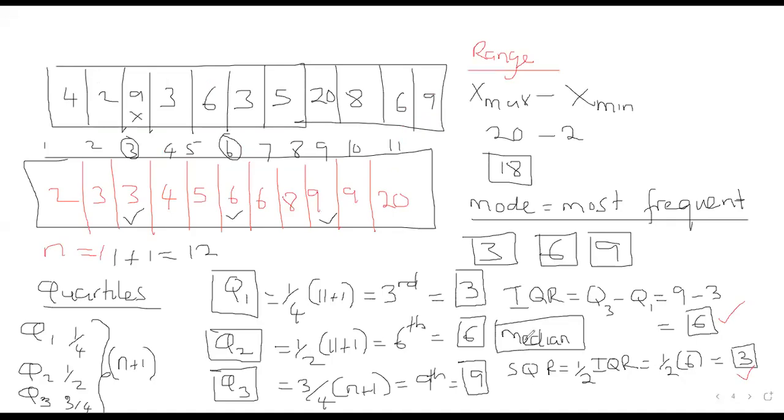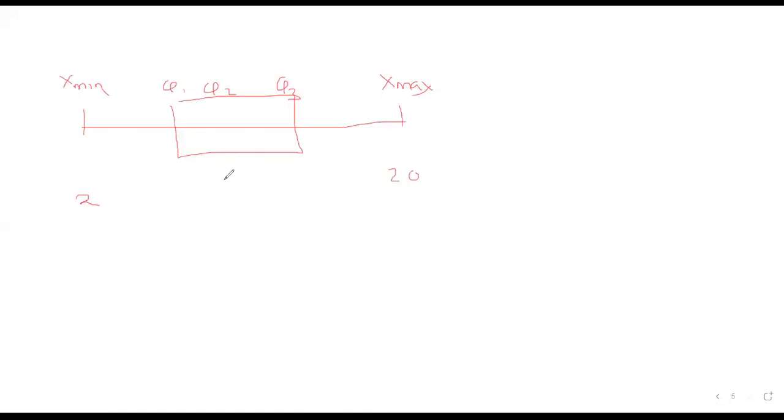Q1 is 3, 6, 9. The interquartile range was the difference between the highest quartile, 9 minus 3, which was 6.